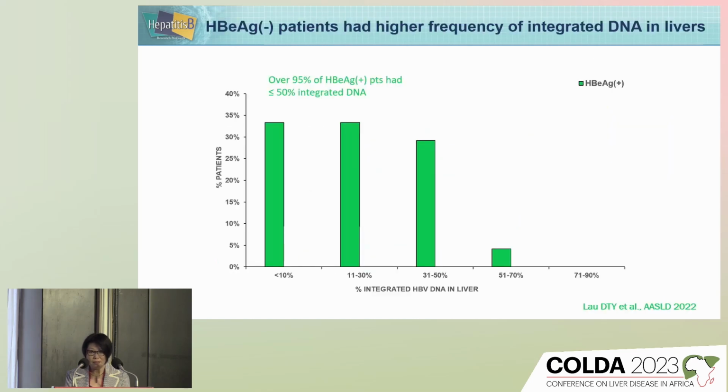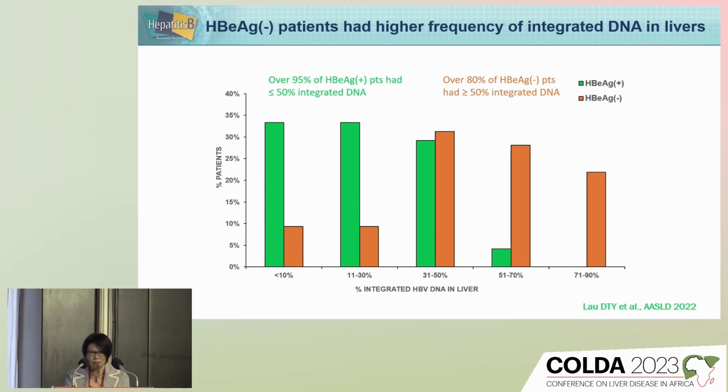We and others had found out that E-positive chronic hepatitis B and E-negative hepatitis B behave very differently. Among the E-positive chronic hepatitis B patients, we found that the majority, over 95%, had relatively low level of integrated DNA, less than 50% in the liver.